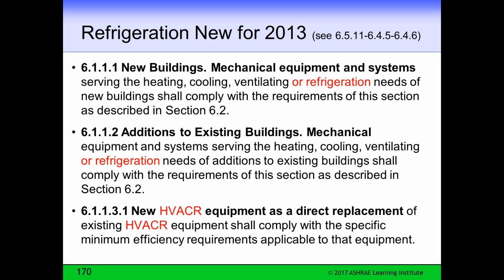Refrigeration, new for 2013. In 2013, we took the Energy Star refrigeration requirements for the type of equipment that would either be in a restaurant or a 7-Eleven or a convenience store or any equipment like that, and we wrote some energy requirements around it.